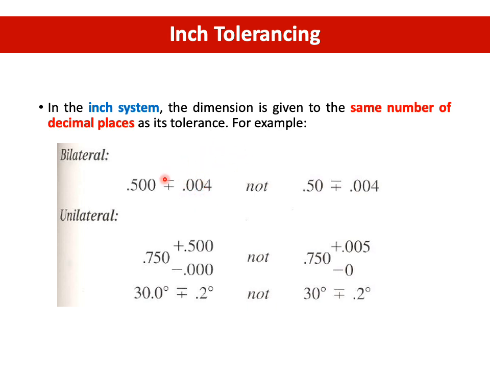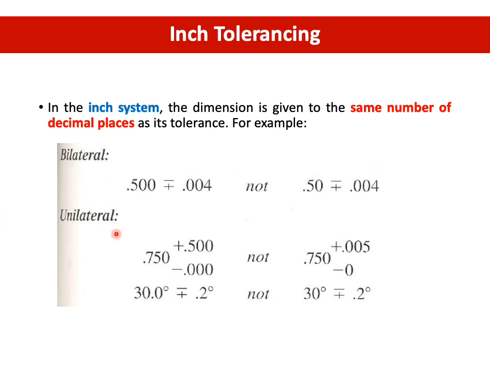So here is 0.500, so they have like 2 decimal places, as your tolerance limit is 0.004. So here also, sorry, it should be 3. This also is going to be 3. You cannot have a different number of decimal places.